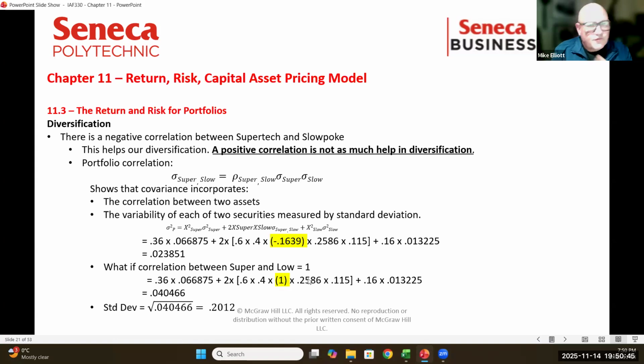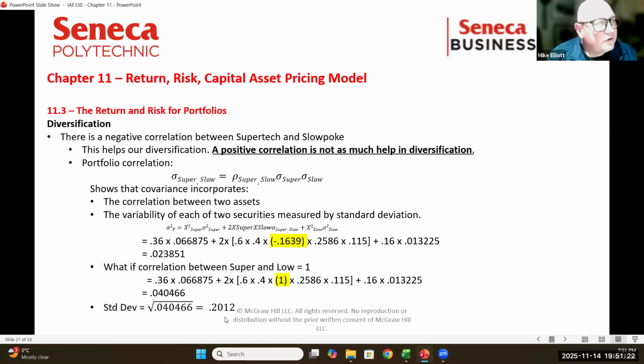And if we run those through exactly the same formula, 0.36, which is the 60% squared, plus 2 times 60% times 40% times 1, times the two standard deviations, plus 0.16, which is the square of 40%, times the variance of slow, we end up with 0.040466.